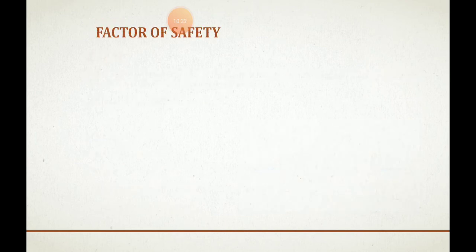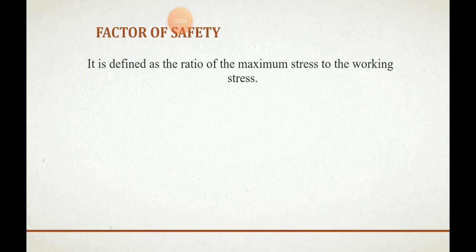Next one is the factor of safety. Factor of safety is defined as the ratio of the maximum stress to the working stress. Remember that when you're designing any product, you compulsorily have to take into account the factor of safety. And this value of factor of safety ranges from application to application.